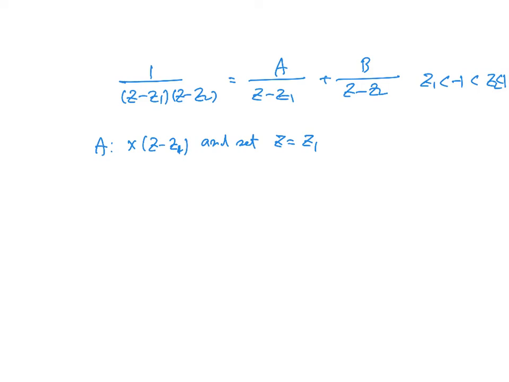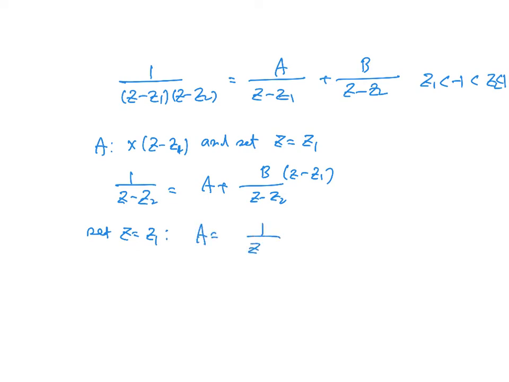So if we multiply Z minus Z1 everywhere, what do you get? 1 over Z minus Z2 is equal to A plus B times Z minus Z1 over Z minus Z2. Now set Z equal to Z1, we have what? A is 1 over Z1 minus Z2.